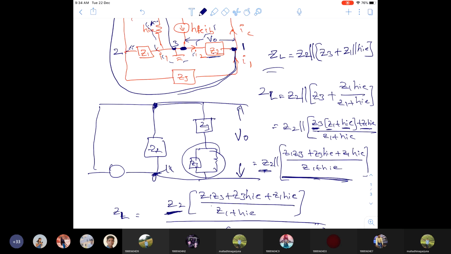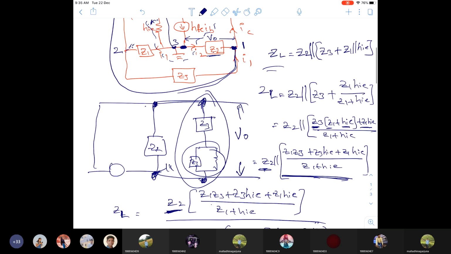So the voltage drop across Z2 is equal to the voltage drop across this network, because both are in parallel connection, the voltage will be same. Voltage across Z2 is equal to voltage drop across this path. Am I right? So here I'm taking V naught is equal to, what is the current flowing through this path? What is the current flowing?